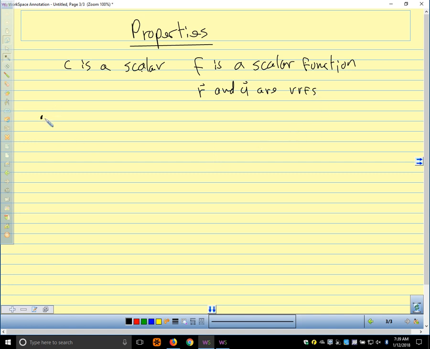So our first property: the derivative with respect to our parameter of a scalar times a vector valued function is just the scalar times r prime of t.